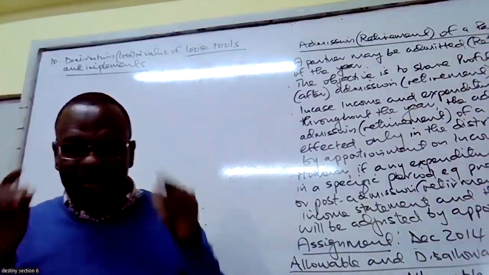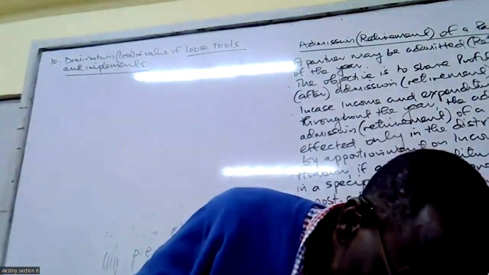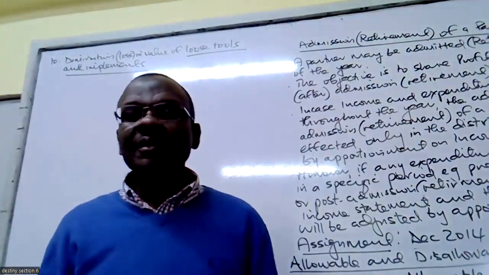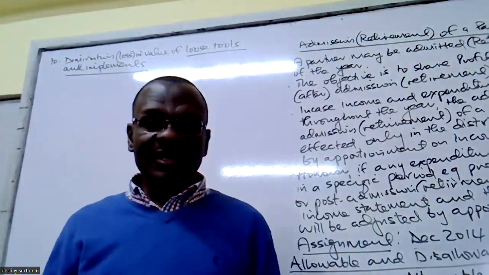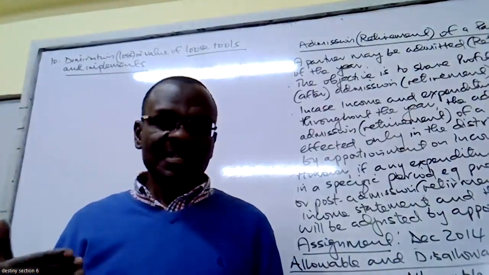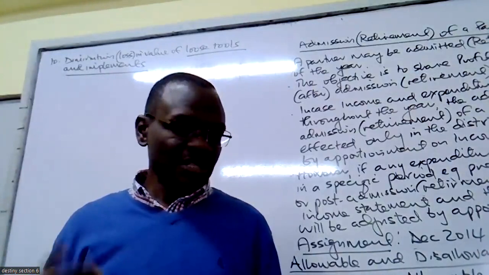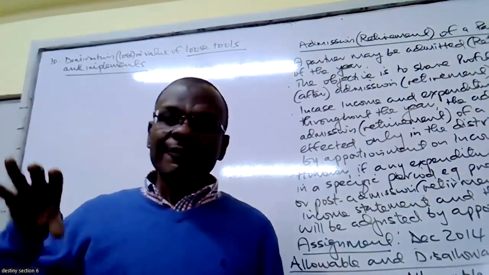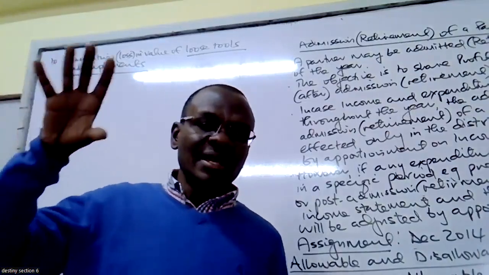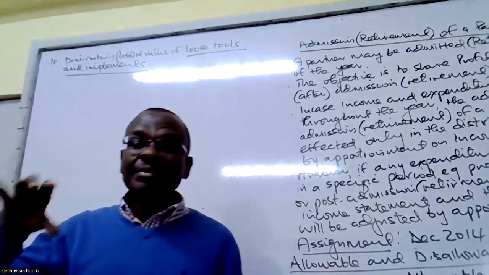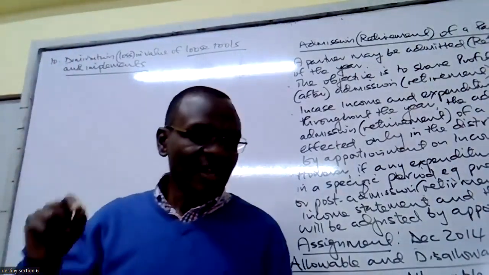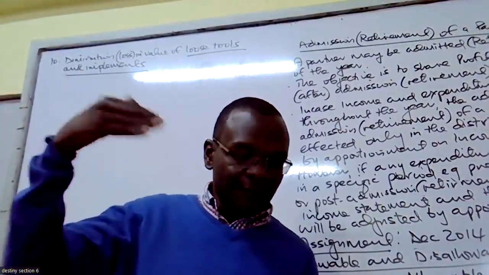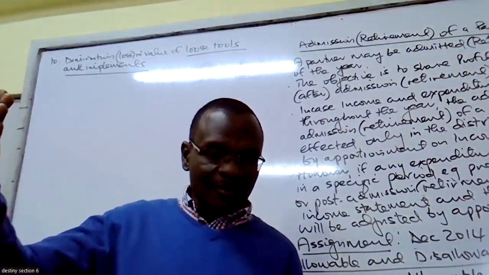We had mentioned this under specified sources provisions. Any loss from a specified source will be carried forward and offset against profits from the same source that generated that loss in the future years.